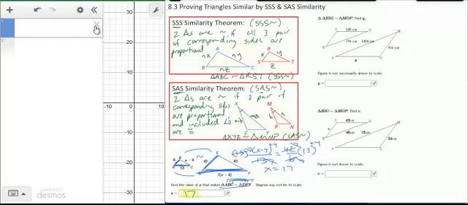We could have solved this side first, so we could have taken x minus 8 over its corresponding piece, 63, set that equal to, again, the same ratio. 6 is the side of the triangle in the same triangle as x minus 8, so that goes on top, and that corresponds to 42.